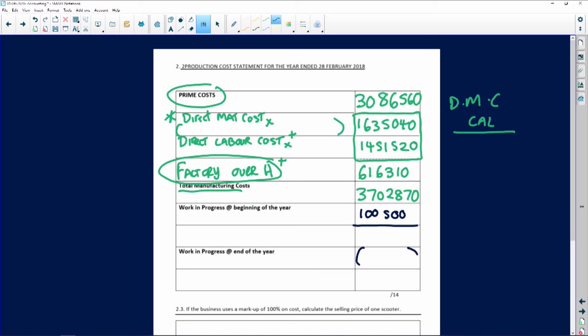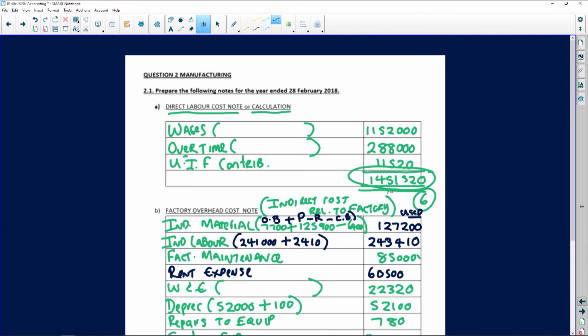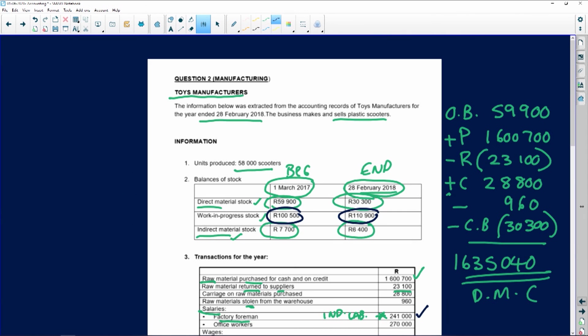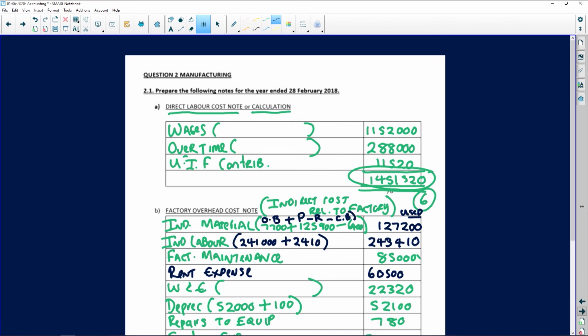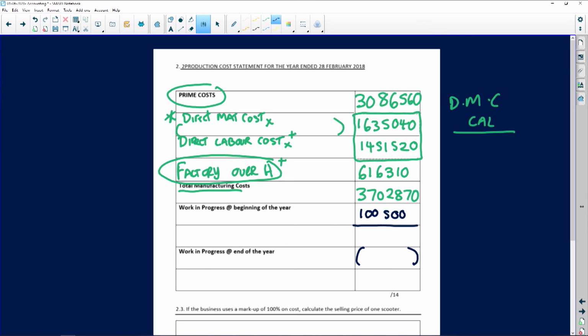Work in progress at the end of the year needs to be subtracted, an amount of 110,900. So let's fill that in, 110,900. Right, so now I'm ready to calculate the total cost of production for the year.